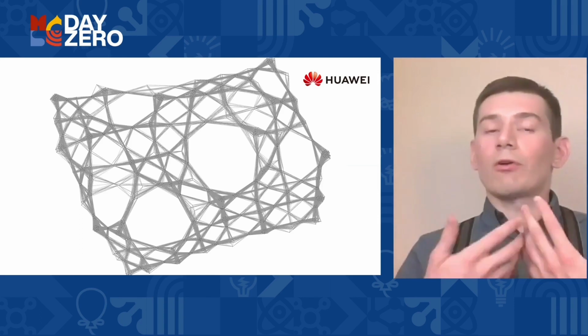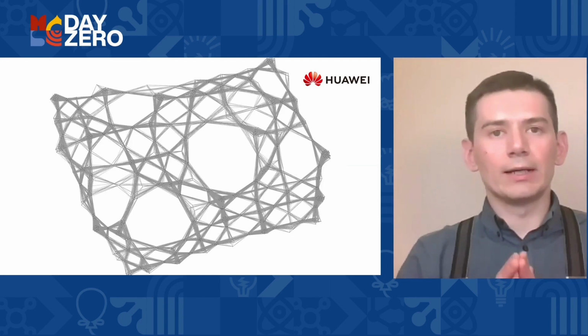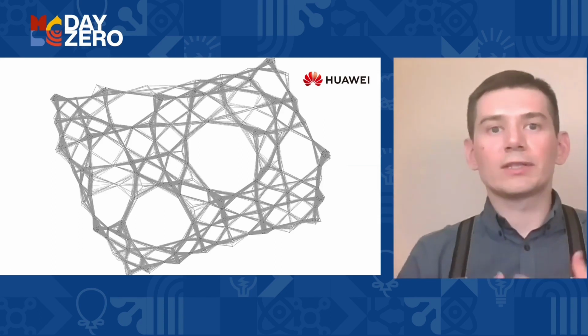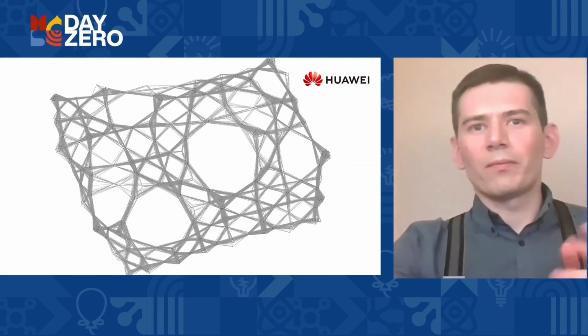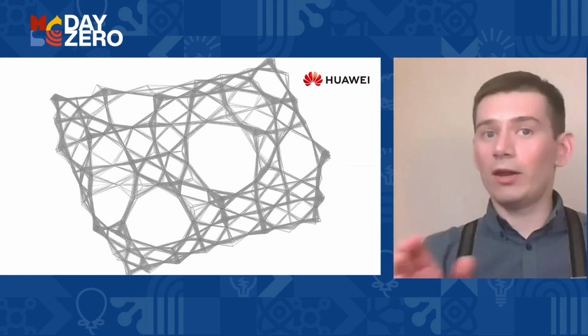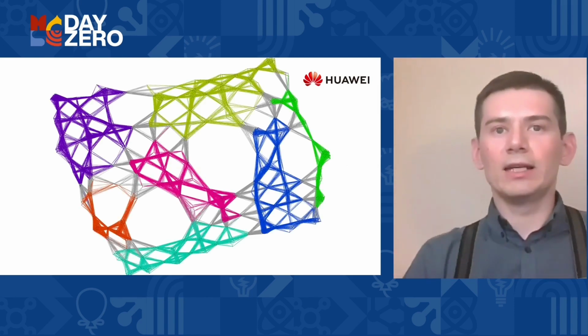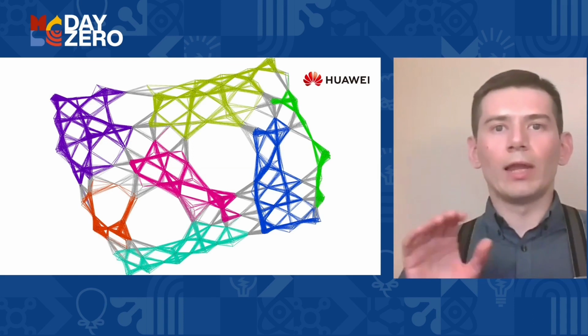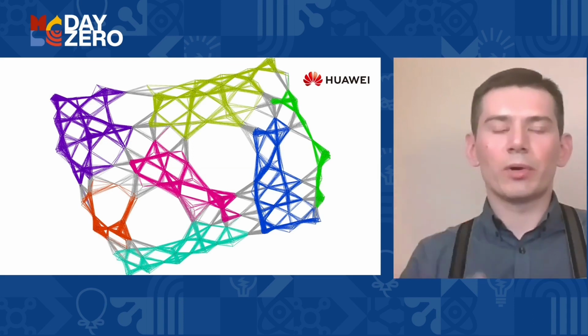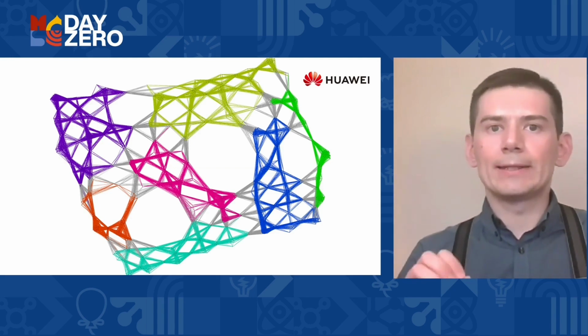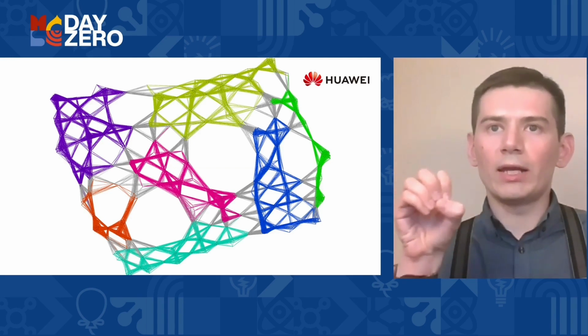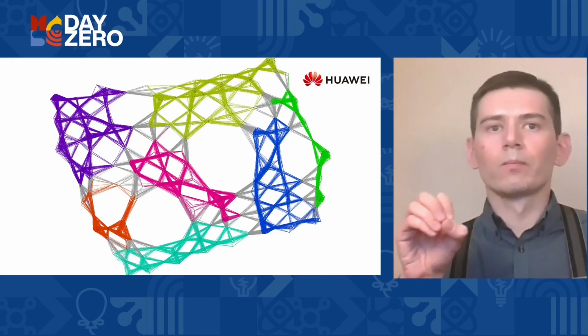Then we introduced a random noise to this graph. Because of random noise, it's hard to illustrate it, but I will try. Here is the baseline, and here is what we can get if we apply modularity optimization only to this particular graph. You can see that modularity optimization has a tendency to merge many dense areas into one community.